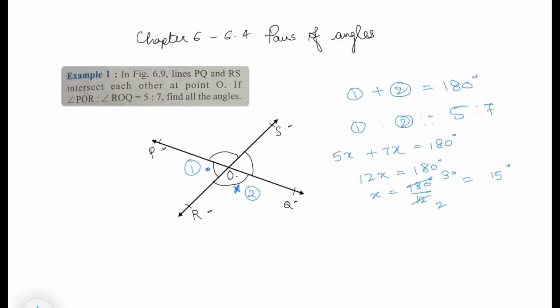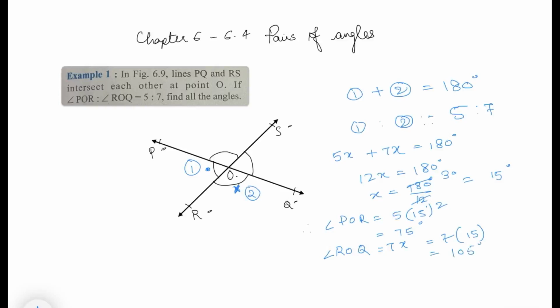Therefore angle 1, which is POR, is equal to 5 multiplied by 15 degrees, therefore 75 degrees, and angle ROQ, which is 7x, is equal to 7 multiplied by 15 degrees, which is 105 degrees.